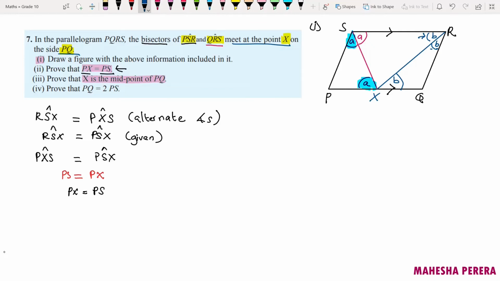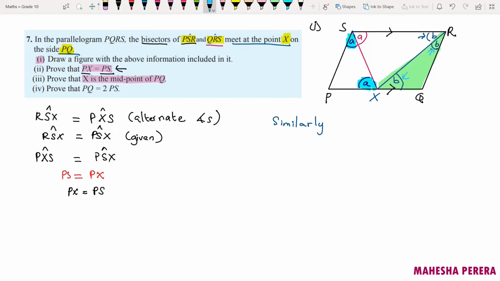So you don't need to repeat the steps. You can say similarly, if we consider triangle XQR, these two angles are equal means their opposite sides are also equal.